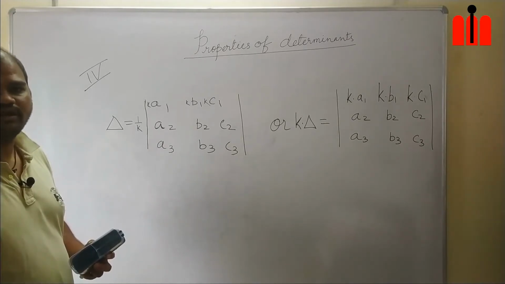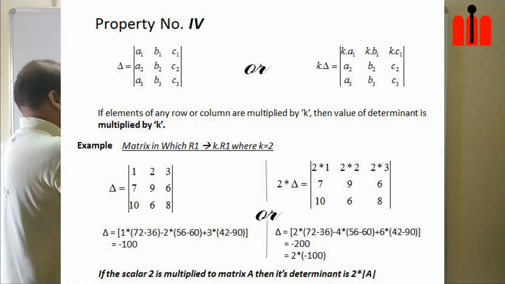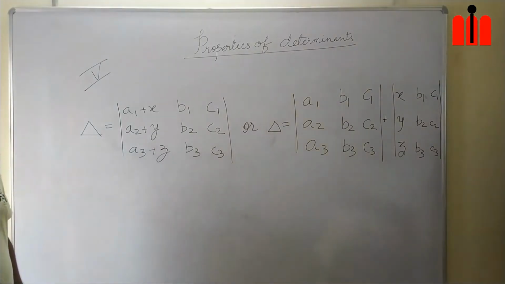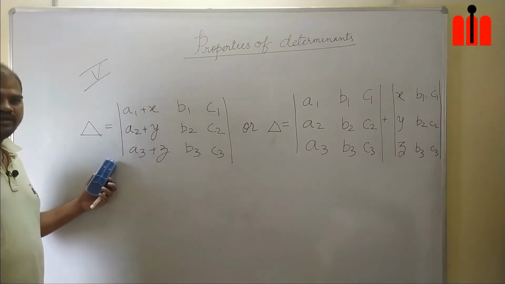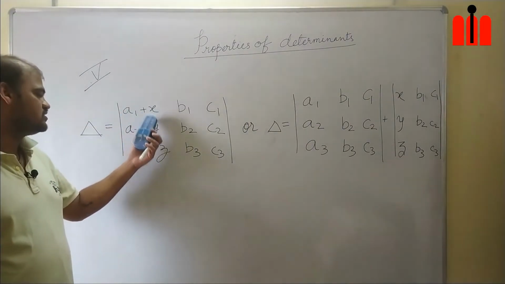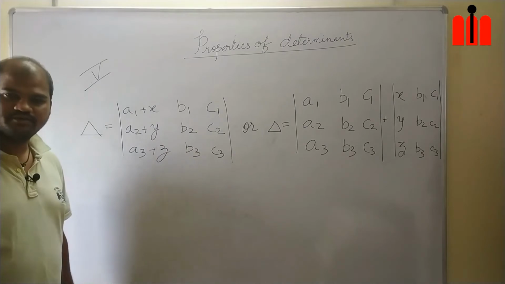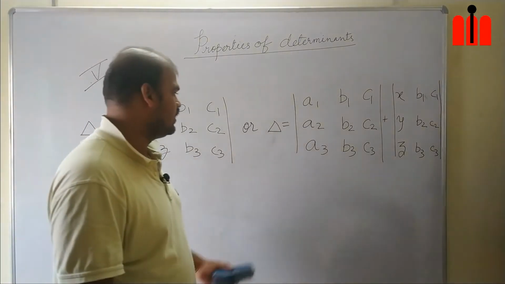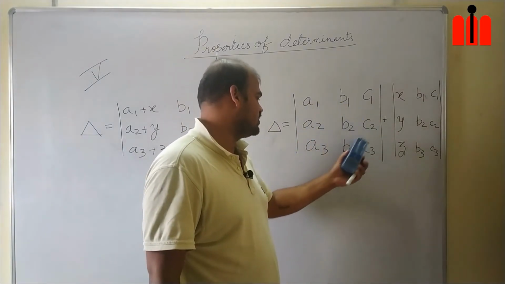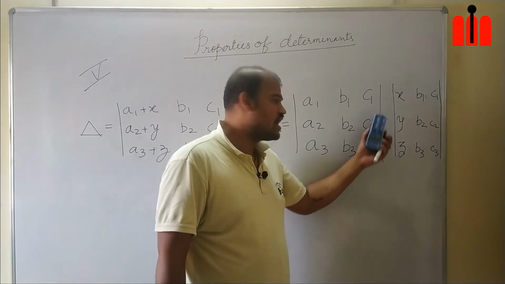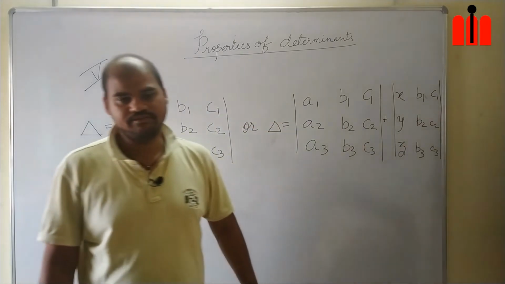We will go through property number 5 now. Property 5 says that in the default determinant, if I change my first column to a1 plus x, a2 plus y, a3 plus z, then the determinant can be written as the determinant with columns a1 a2 a3, b1 b2 b3, c1 c2 c3, plus the determinant with columns x y z, b1 b2 b3, c1 c2 c3.